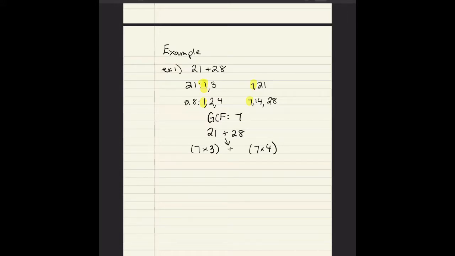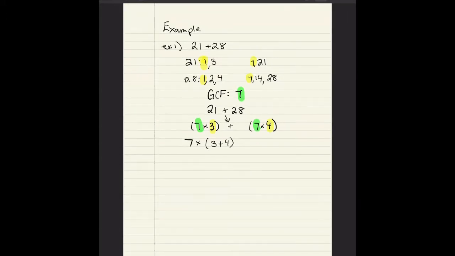And I have to bring my addition sign down. So now I have my GCF and my factors. And I'm going to rewrite this with 7 on the outside times 3 plus 4.